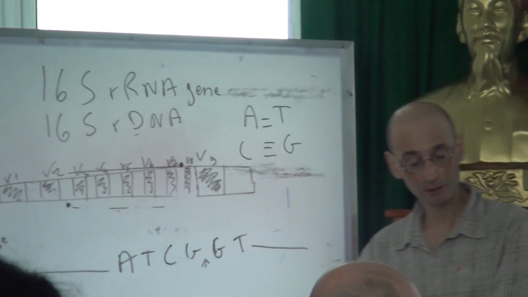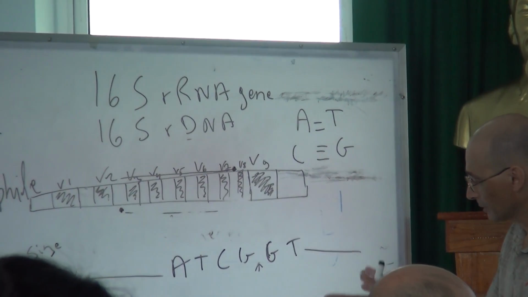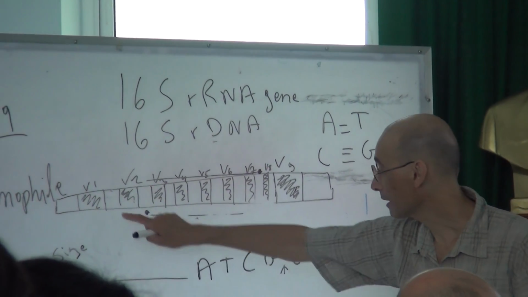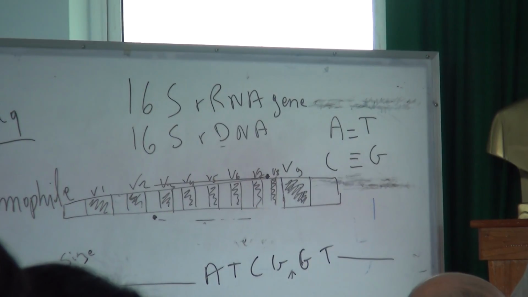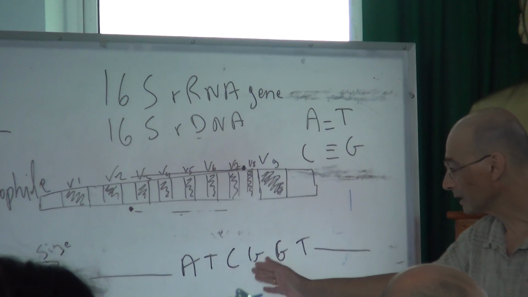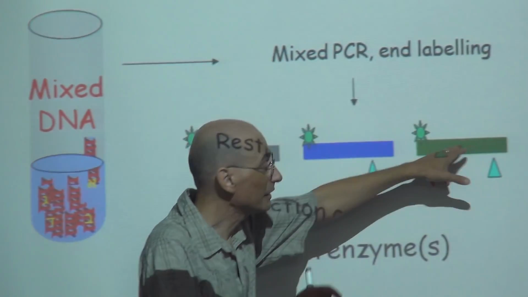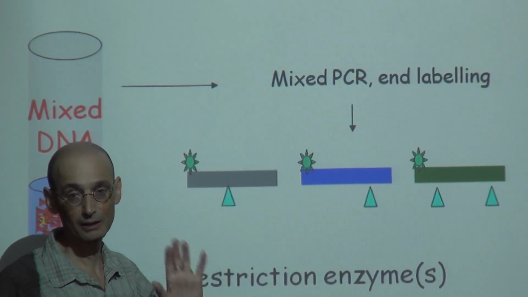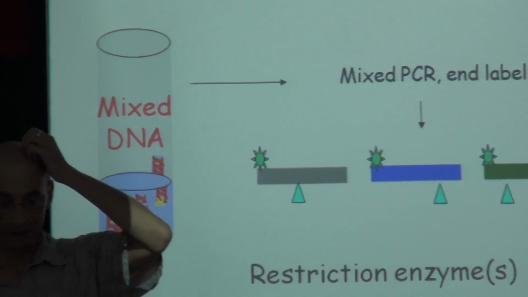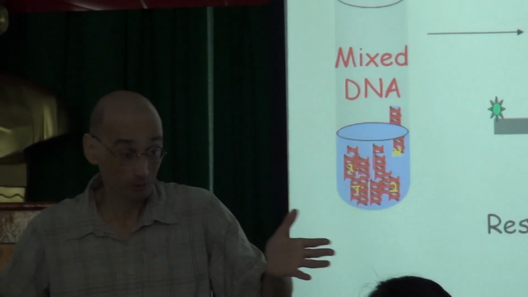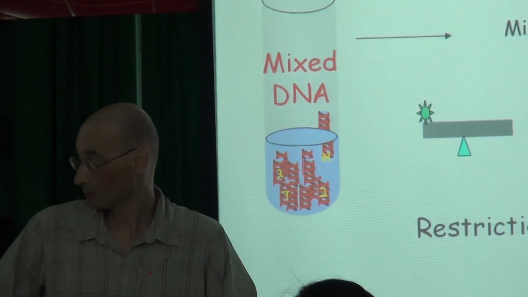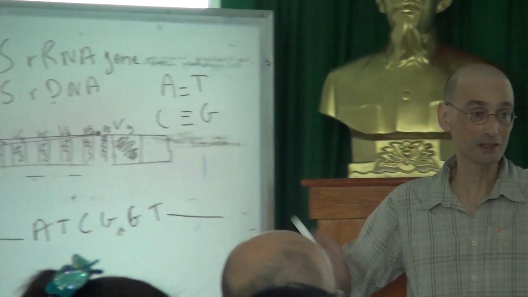So if you have a mixture of bacterial products, PCR products that come from, as we saw yesterday here, from different bacteria, so we have different sequences, the restriction enzyme will cut accordingly at different places in each of these individual PCR products, or may not cut at all if this particular sequence is not there.